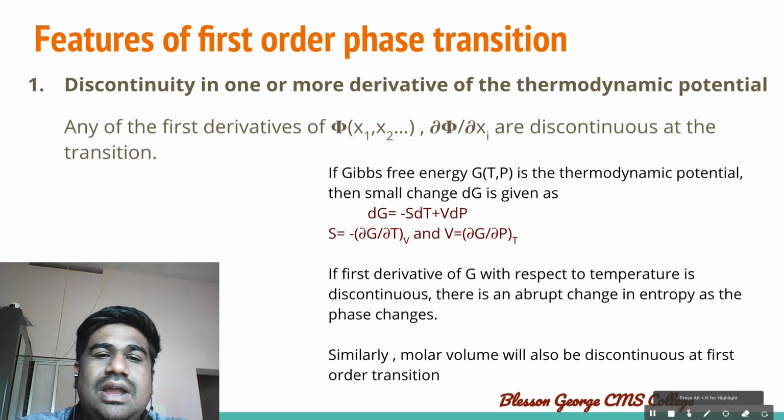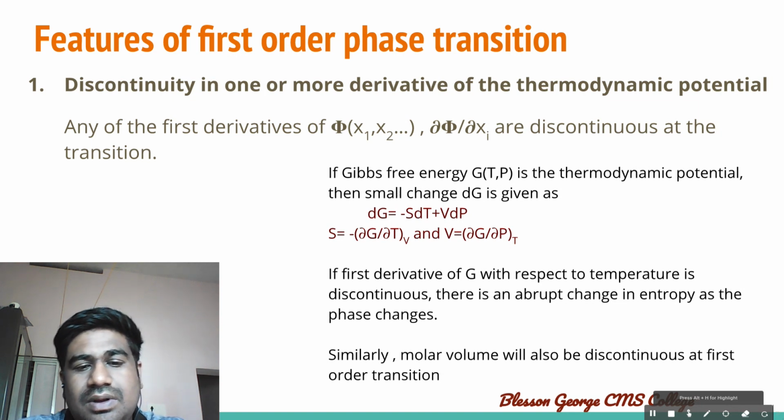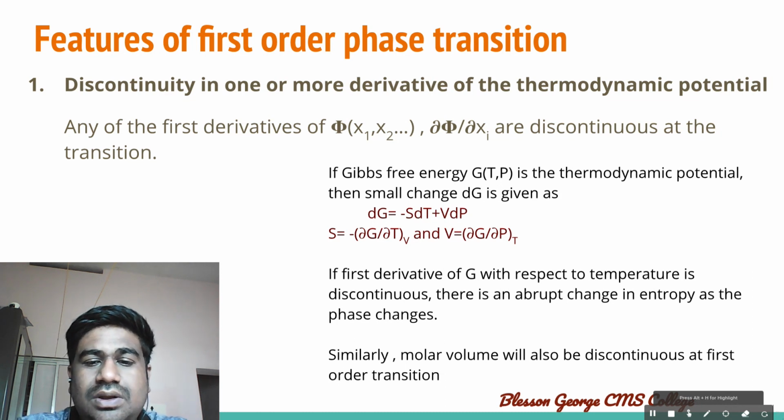For example, consider the Gibbs free energy G. G is equal to H minus TS, that is, U plus PV minus TS. If we consider a small change dG, we get minus S dT plus V dP. And the first order derivatives are dou G by dou T at constant pressure, that's called entropy S, and dou G by dou P at constant temperature is called the molar volume.